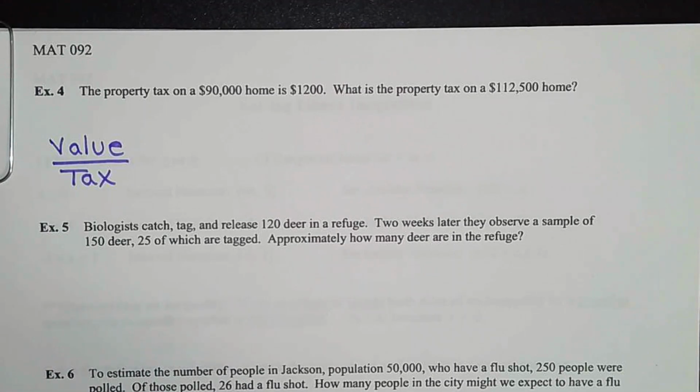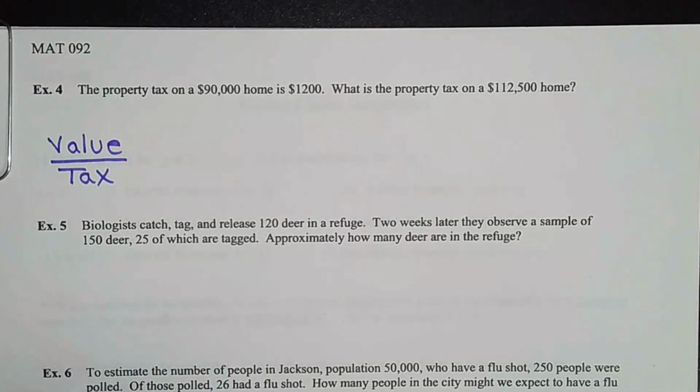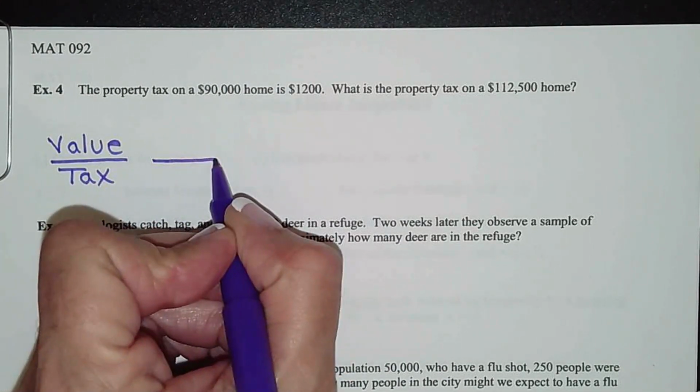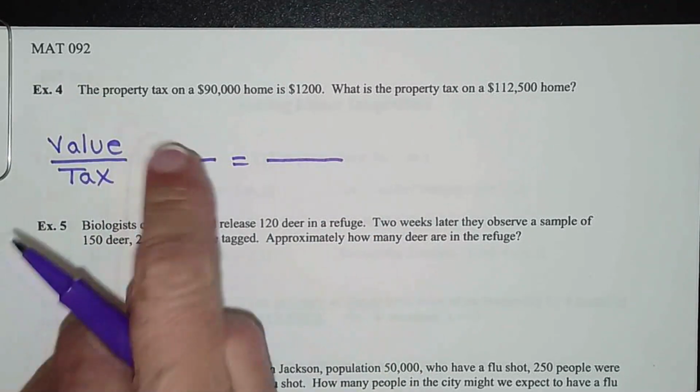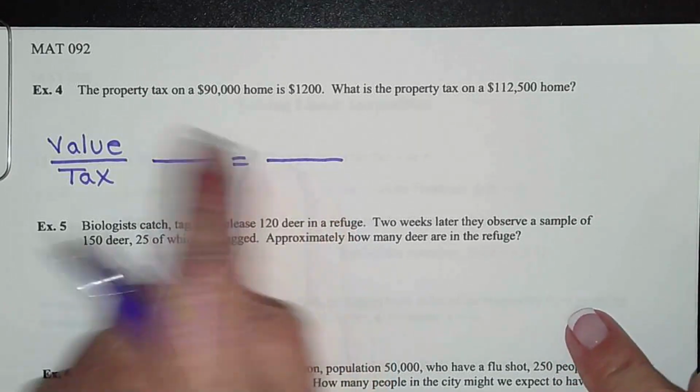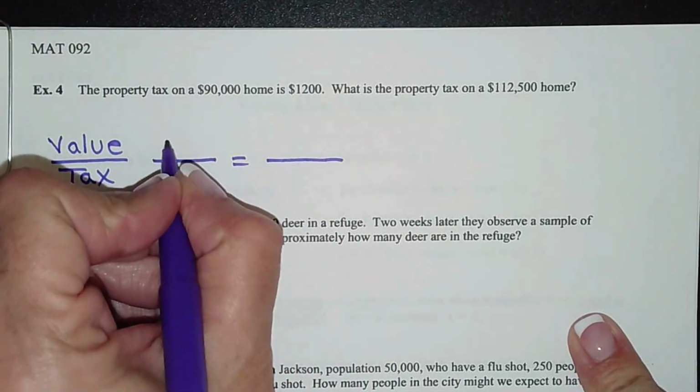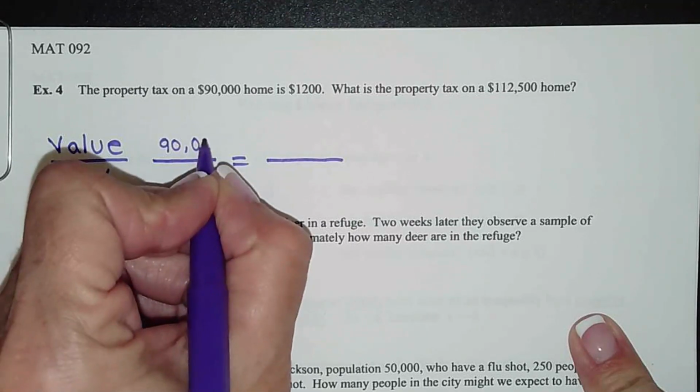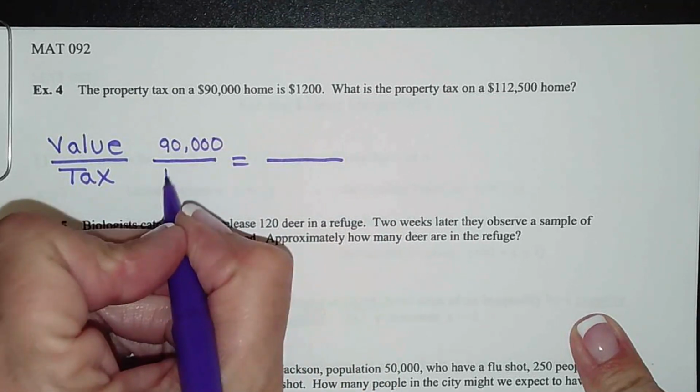Does not work that way. You will not get the right answer. And usually the problem does not give it to you in the order you need. So that's why we put that here. So when we set up our proportion, we know the value goes in top and their taxes go in the bottom. So value 90,000, tax 1,200.